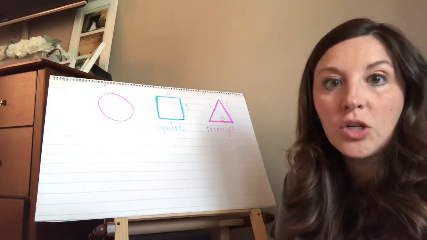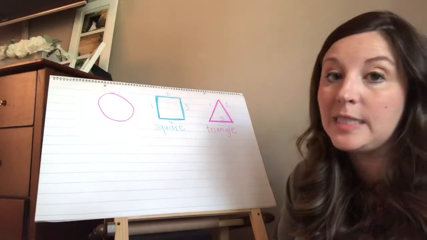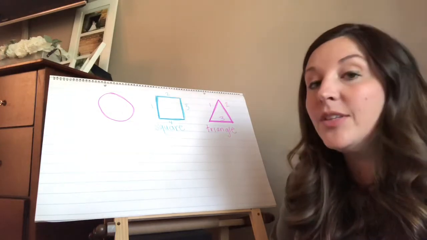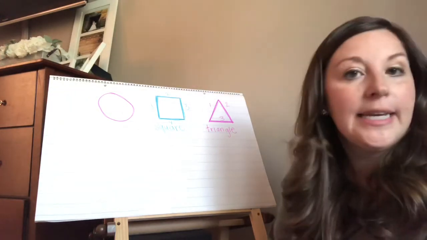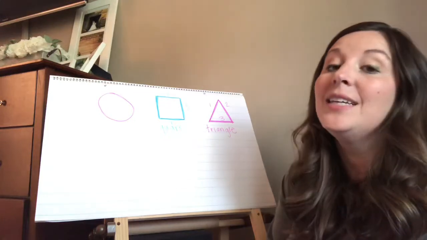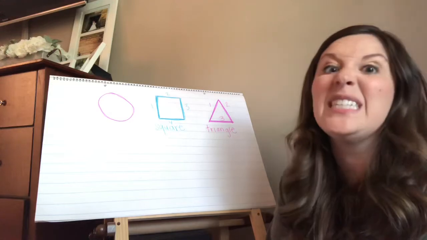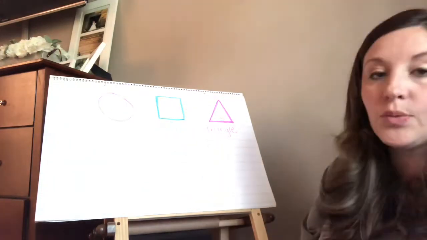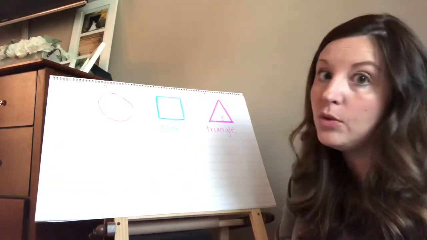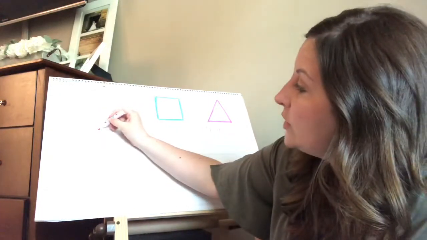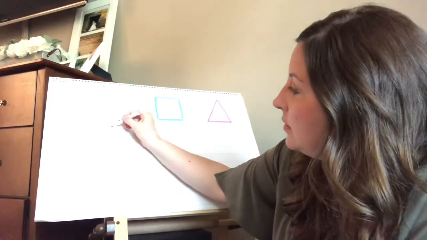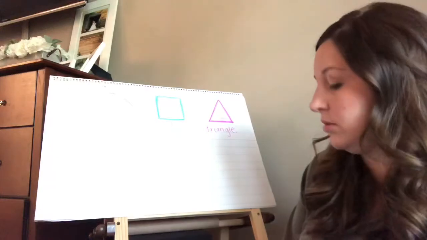It's a circle, and it's really tricky to spell circle because even though it makes an S sound, it's not the letter S. The word circle actually starts with a C. It's just one of those tricky sounds that you'll learn later. So circle starts with the C, and you say it like circle.